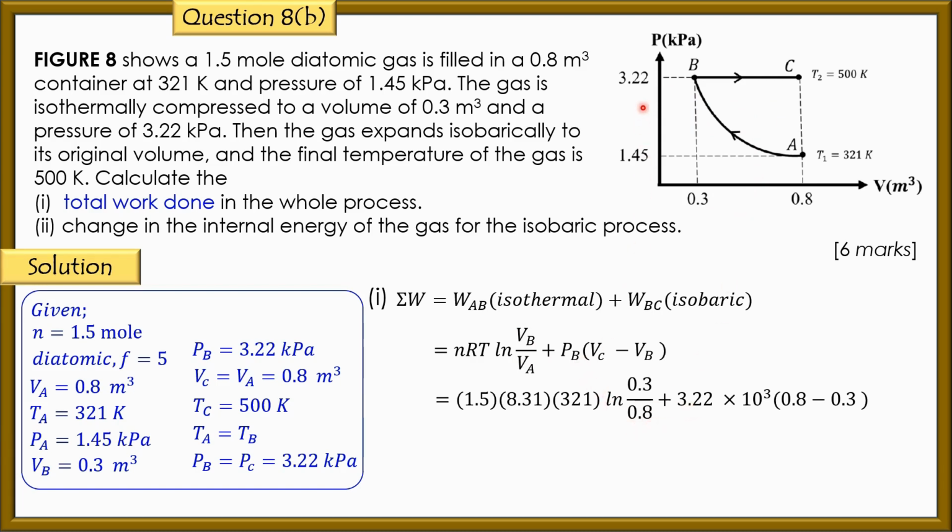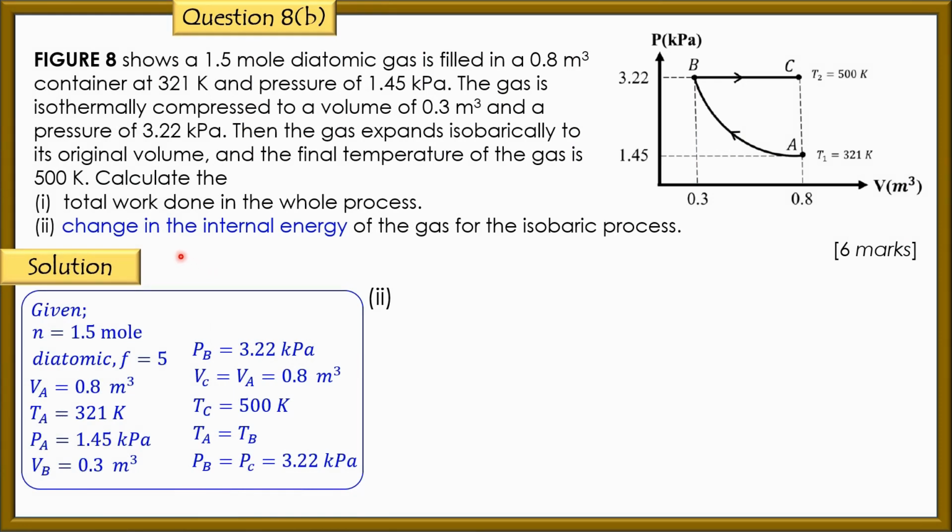The pressure here is given as 3.22, but don't forget that the y-axis is in kilopascal, so times 10 to the power of 3 is important. When you calculate, you will get that the work done is negative 2.31 kilojoule. Negative shows that for the whole process, the work done is on the gas.